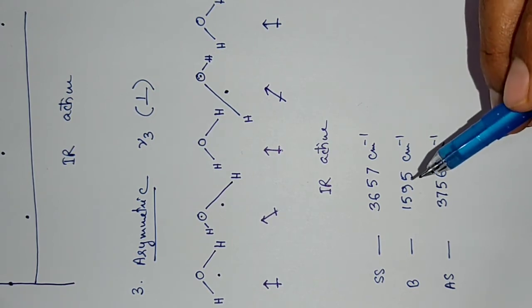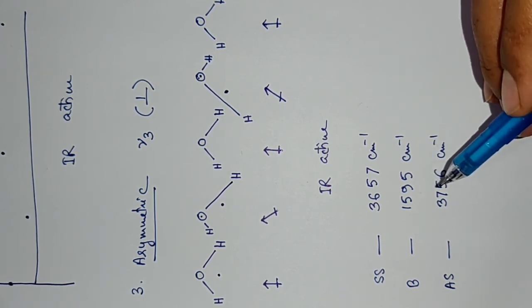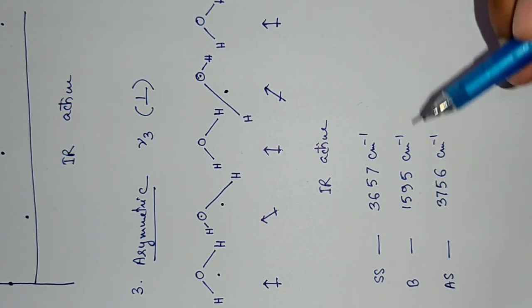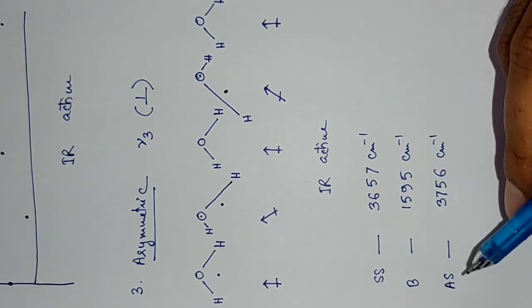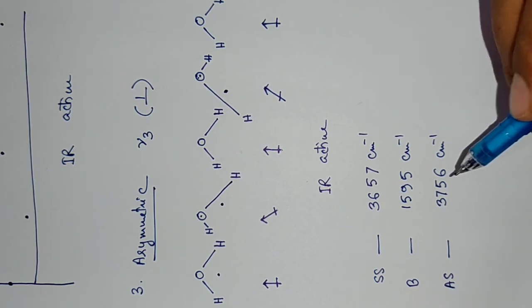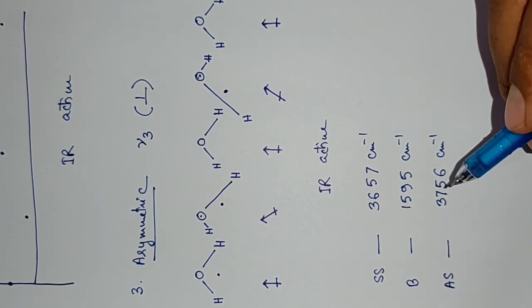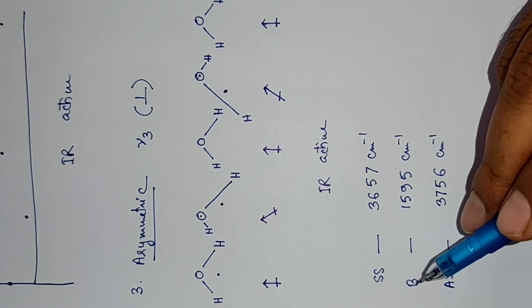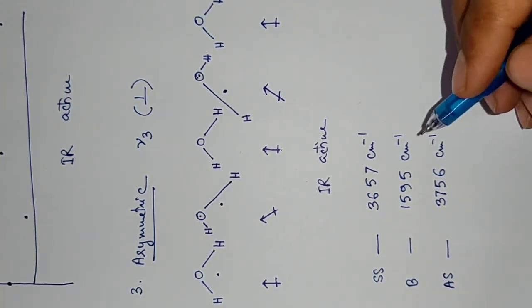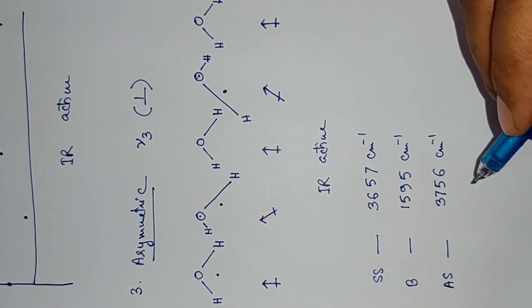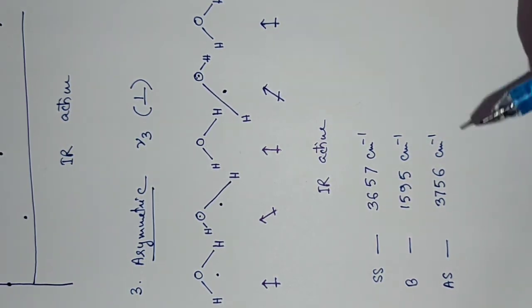Now one question that may arise in this case is that the symmetric and the antisymmetric stretching positions are far compared to the bending. Now this is because of the difference in strength of the vibrational modes.